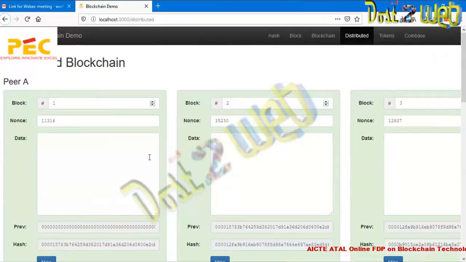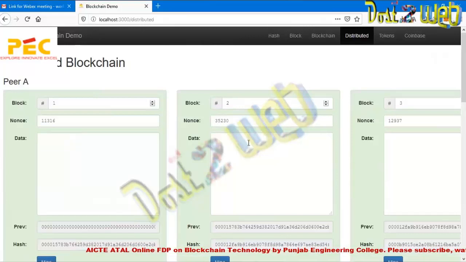Now, the other question that might arise is how the blockchain is really tamper proof. Let's see. Suppose peer A is a malicious miner who wants to make some changes in a block just for his own benefit, might be in block 1, might be in block 2.